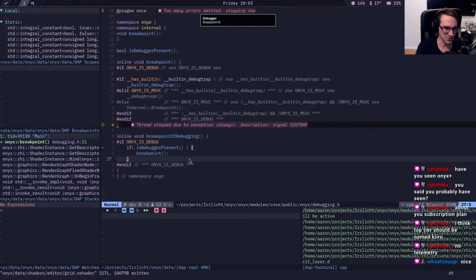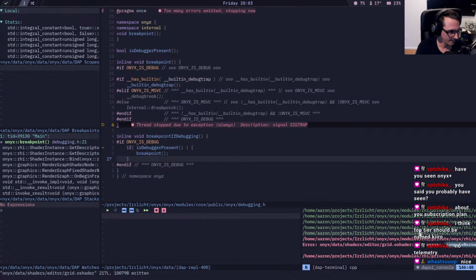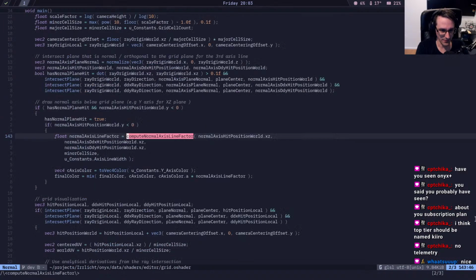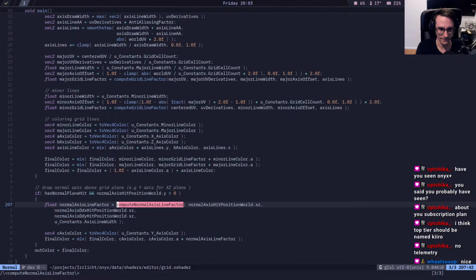If it even works, great. No matching overloaded function, what? Ah, down there, right. Yeah.